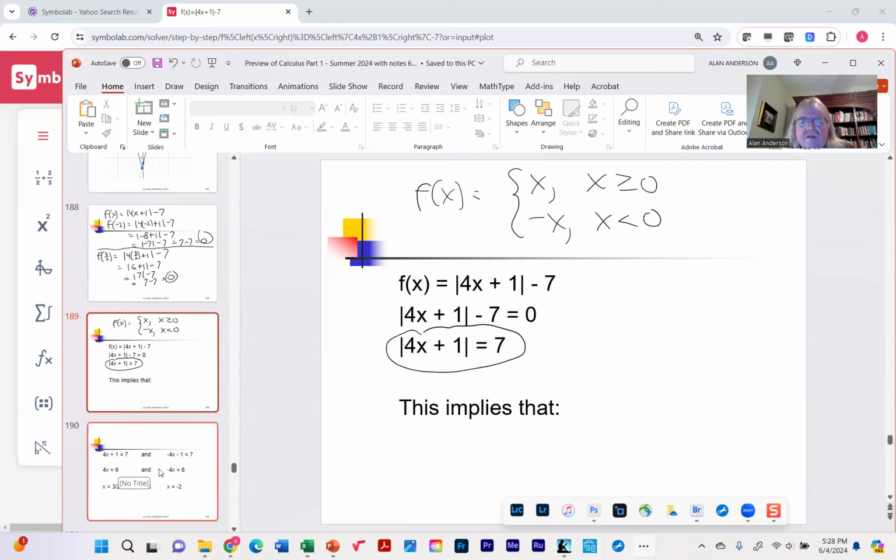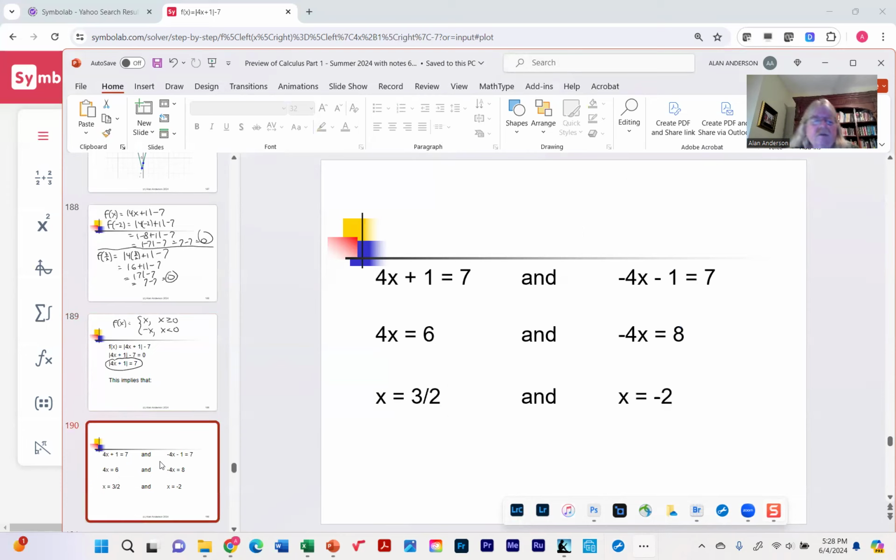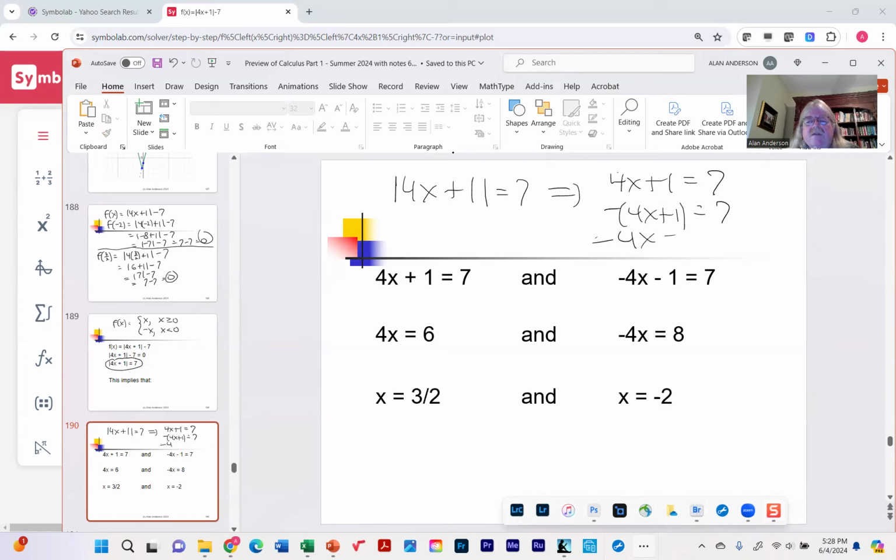And those things are, and once again, let me just put this on top so you can see it. That means that both 4x plus 1 equals 7 and the negative of that equals 7, which is the same thing as saying minus 4x minus 1 equals 7.